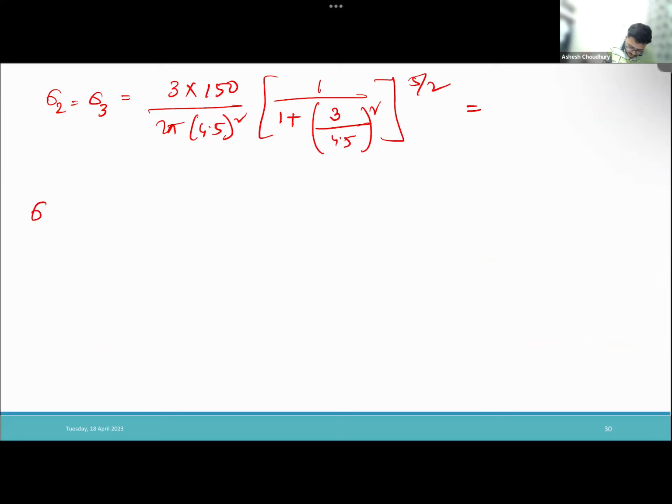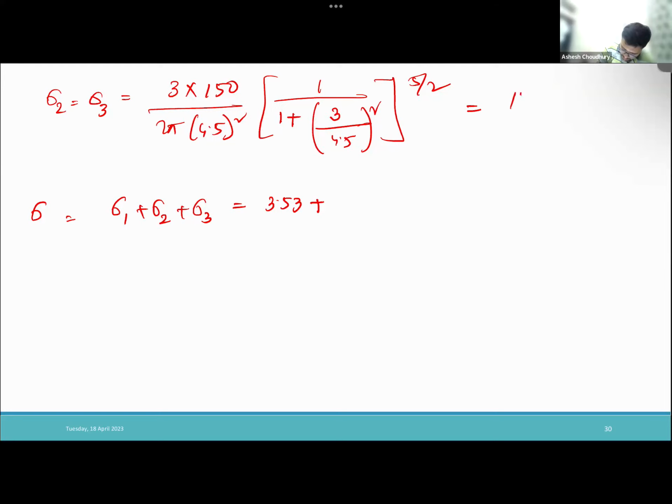Then we will be finding the total increase in stress, sigma 1 plus sigma 2 plus sigma 3. What is this coming? 1.41.